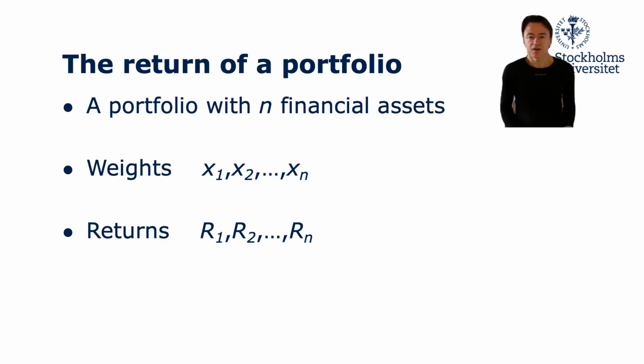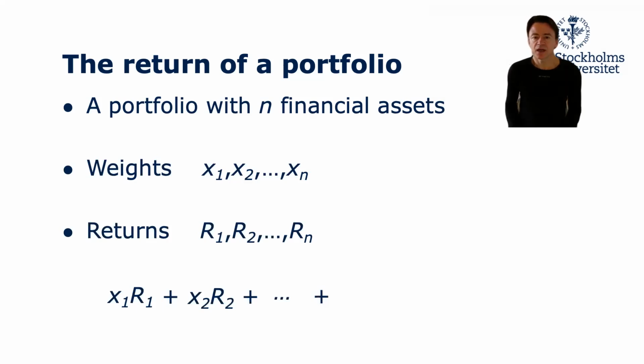With the subindex in all these cases indicating the corresponding asset. Then, with this notation, the return of this portfolio is computed as the weight on the first asset times its return. The weight on the second asset times its return, and continuing like this with all the other ones and completing the computation that gives the return by adding all these products up.